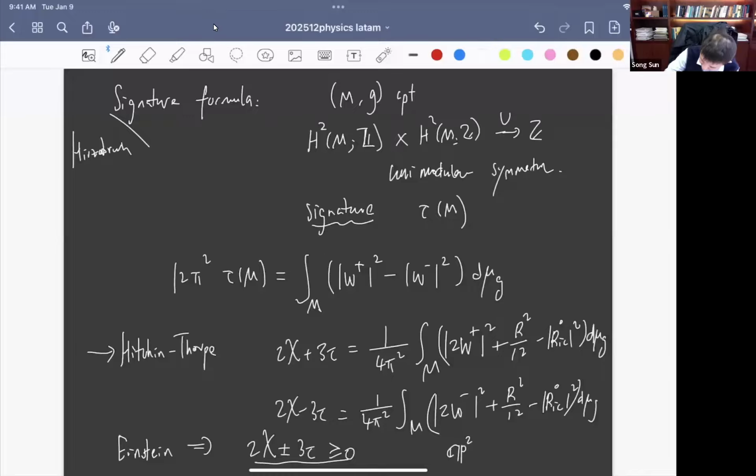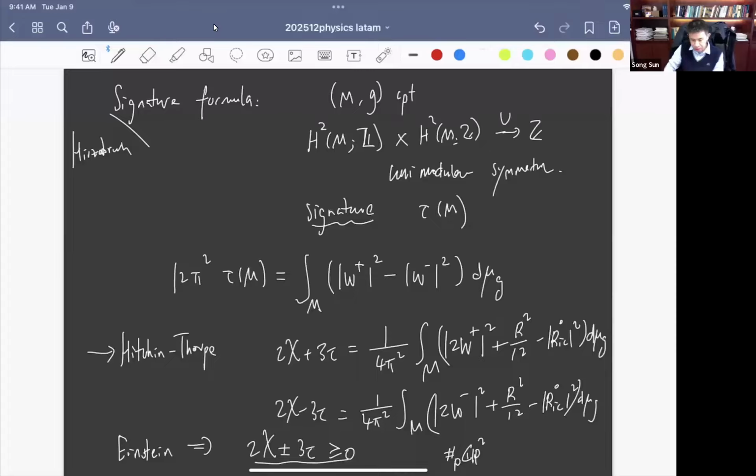But you can take p copies of CP2, and connect sum with q copies of CP2 bar, which just means you change the orientation. Maybe we don't even need this. Just for simplicity, just the connect sum of p CP2s.